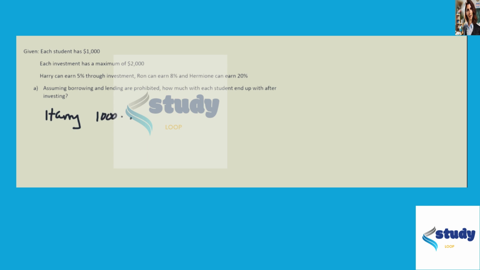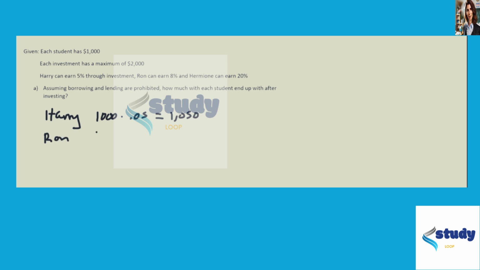In part A, we assume that borrowing and lending are prohibited. So how much will each student end up with after investing? Harry can invest at 5%, so he'll invest $1,000 times 5%. It gives him $1,050.